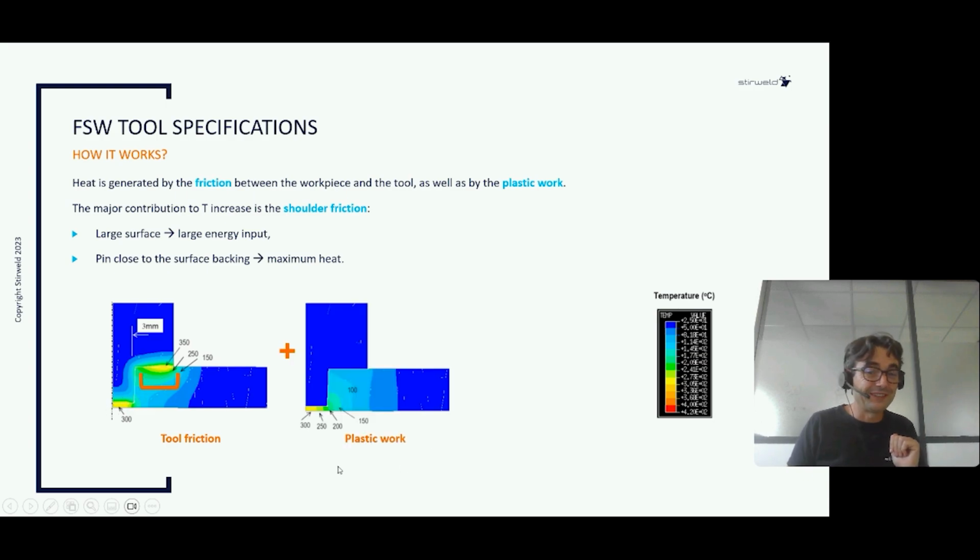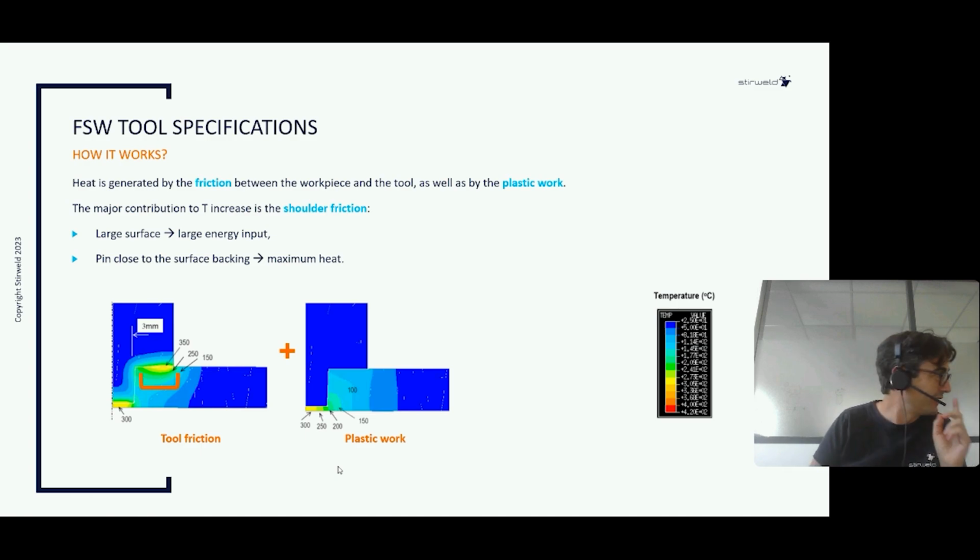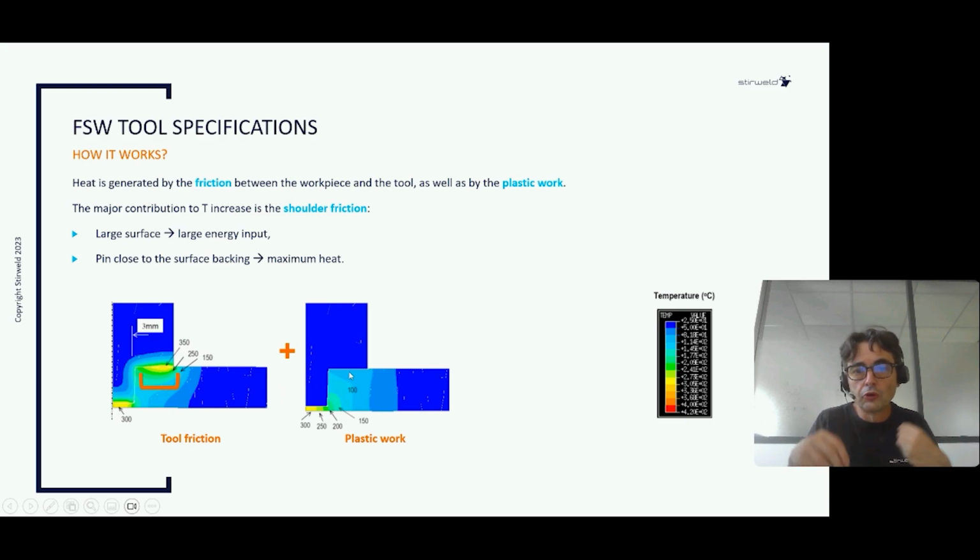Now, the second source of heating is the plastic work. Imagine that the material turns around the tool, so in fact we have very intense plastic work, and this plastic work also creates heat.